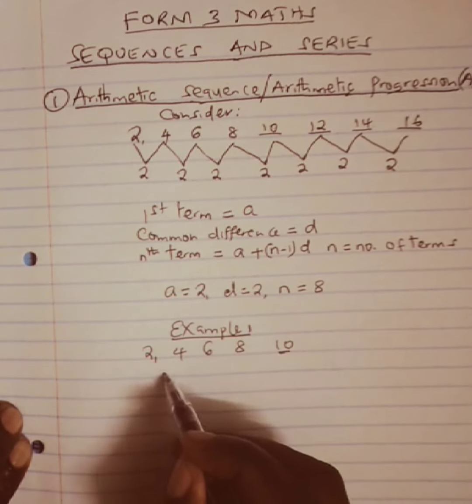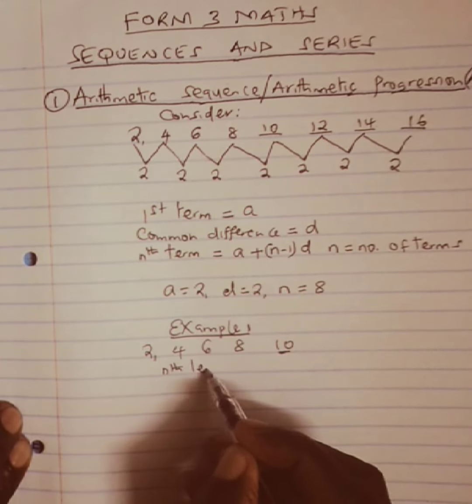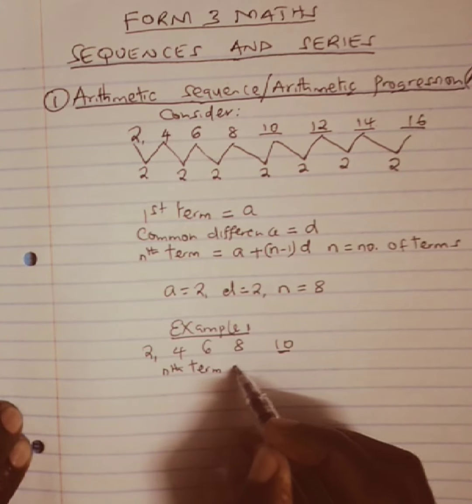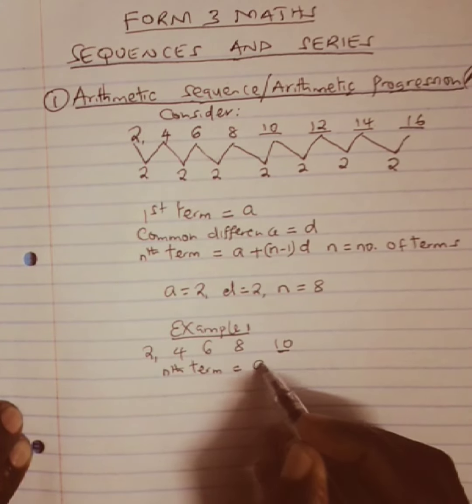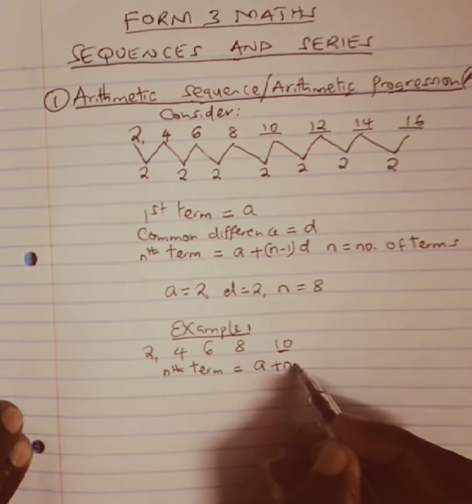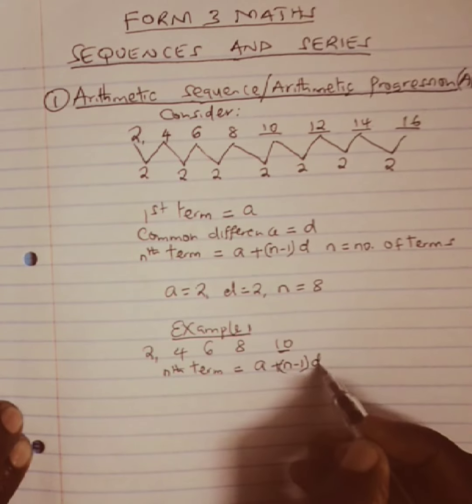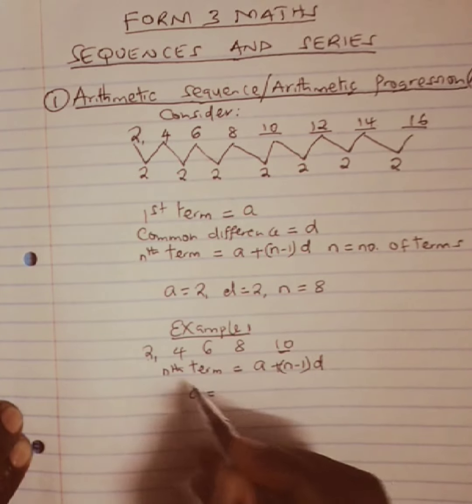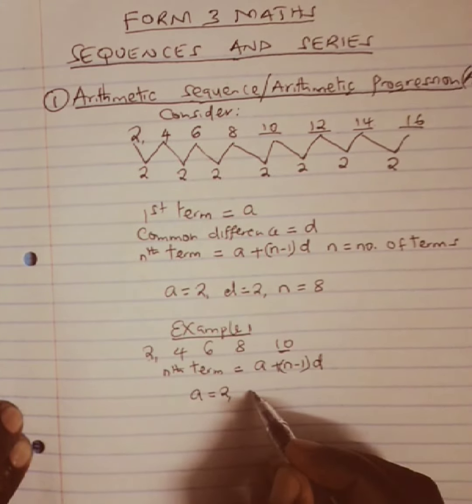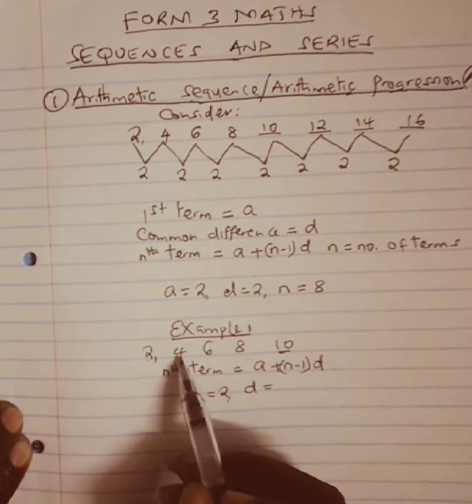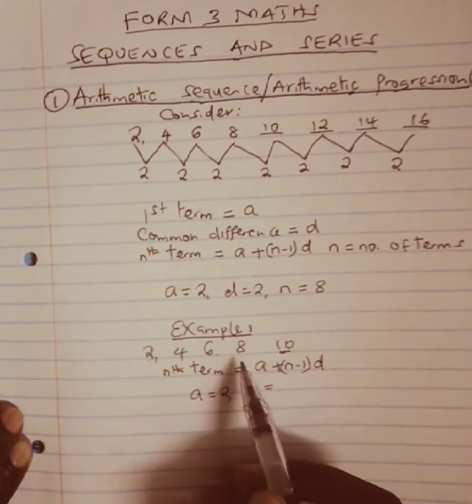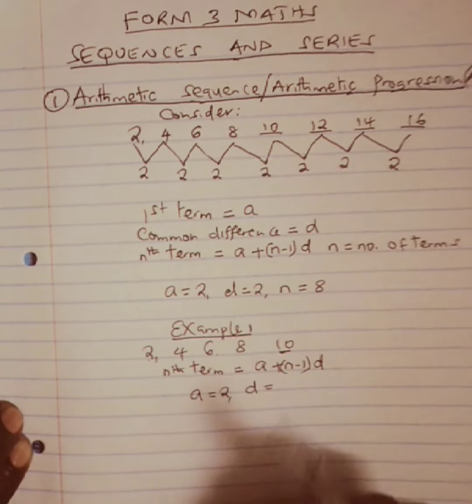This 10, we call it the nth term. And we have said to get the nth term, which is the last term, we use the formula A plus n minus 1 into D. The first term is usually denoted A, and it is 2. The common difference is obtained by taking the second minus the first one, or the third minus the second, the fourth minus the third, in that order.